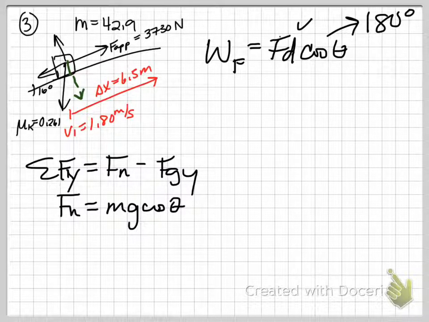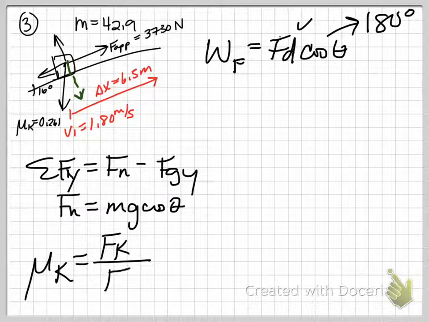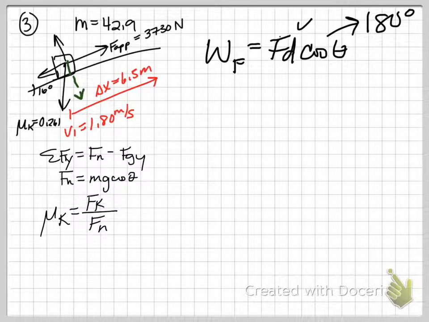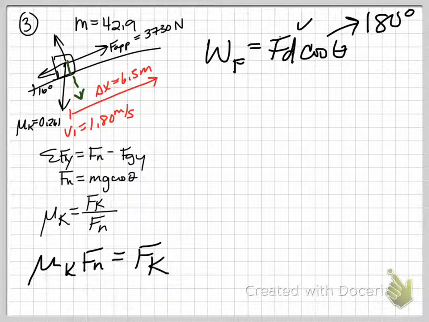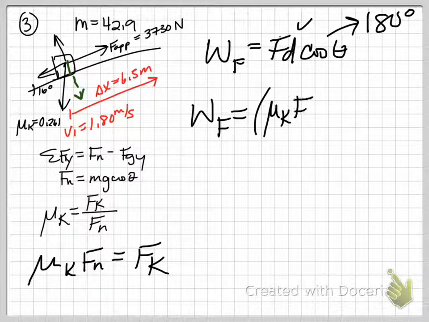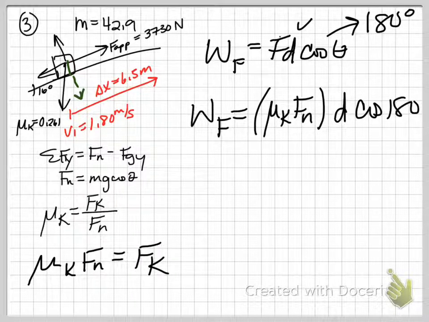And because we were given mu k equals Fk over Fn, which gives us a really easy solve. We didn't have to do a sum of forces on the x. Mu k Fn equals Fk. We can just plug that in right here. Work done by friction equals mu k Fn times distance times cosine 180.